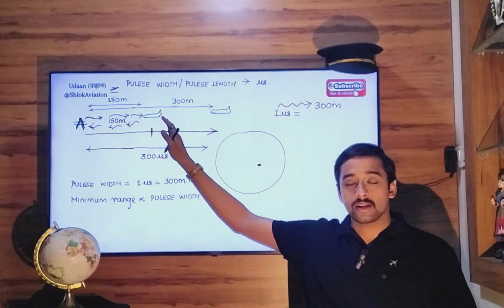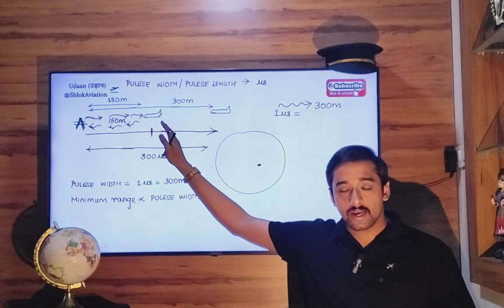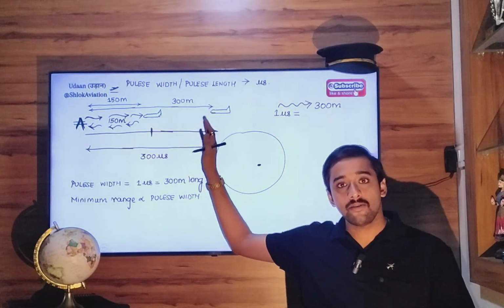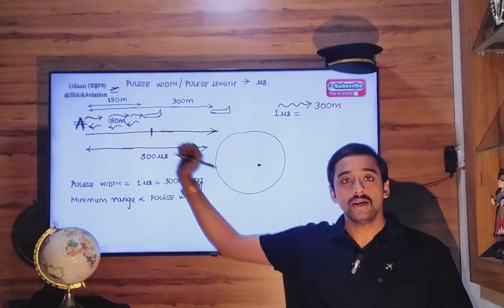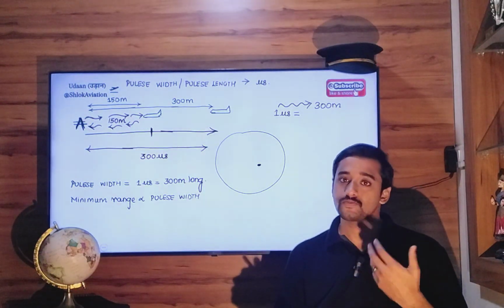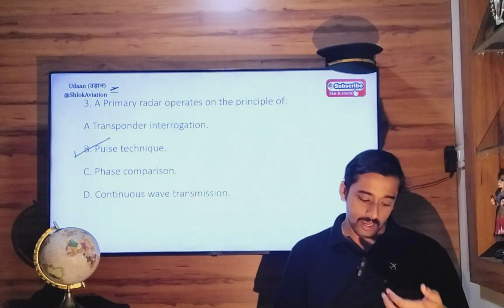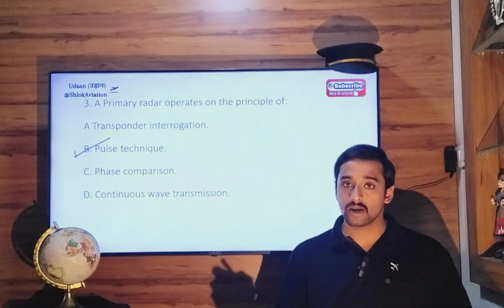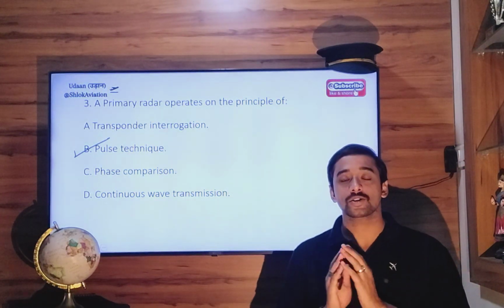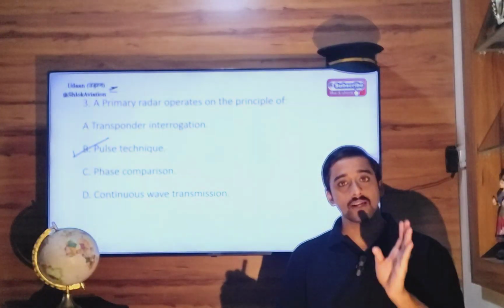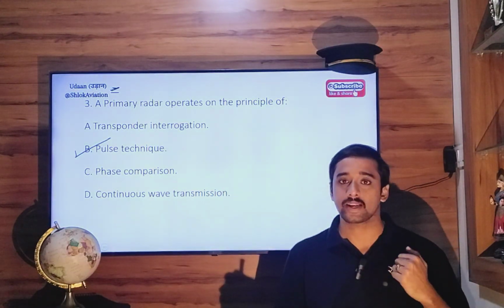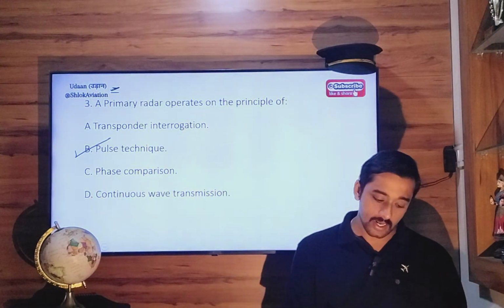The radio pulse will strike the target and the same radio pulse at the same frequency will come back at the transmitter. This is called the operation or mechanism of primary radar. So the frequency at which you are transmitting the radio wave, at that same frequency the radio wave gets reflected back.